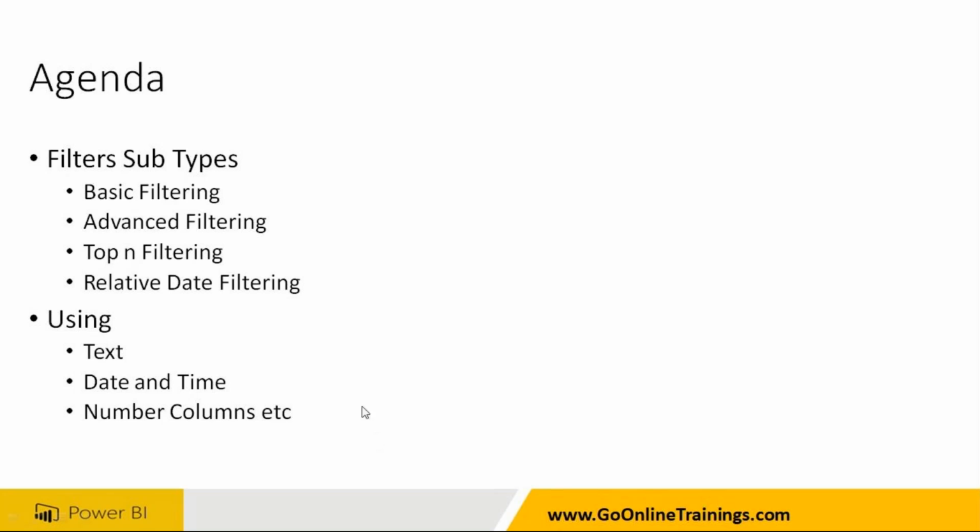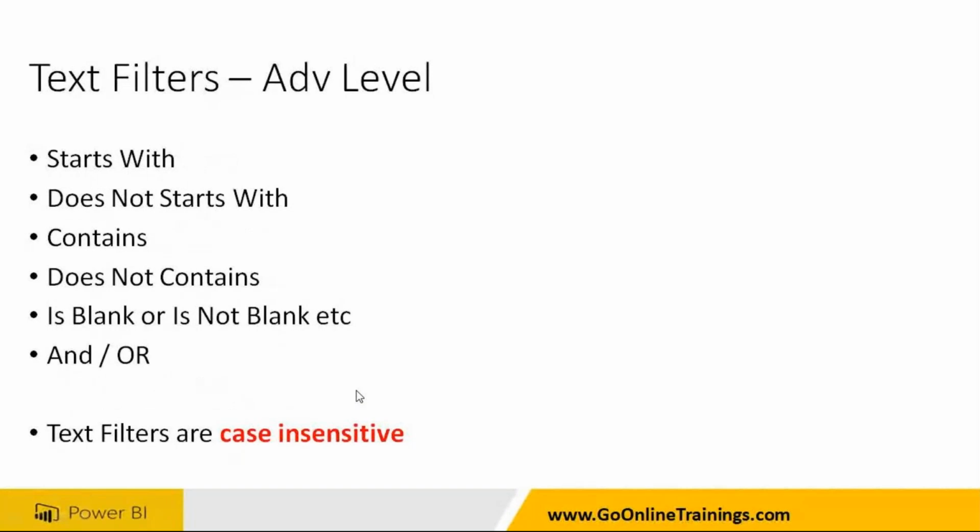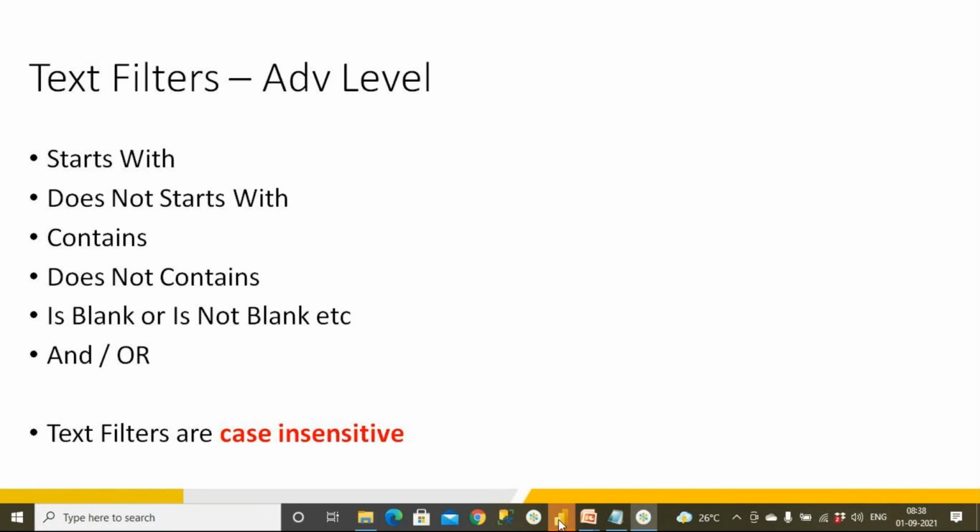Right? So I wanted to know about text filters. If I wanted to use starts with, does not start with, contains, does not contain, is blank, or is not blank, definitely you can use a text filter on a text column.